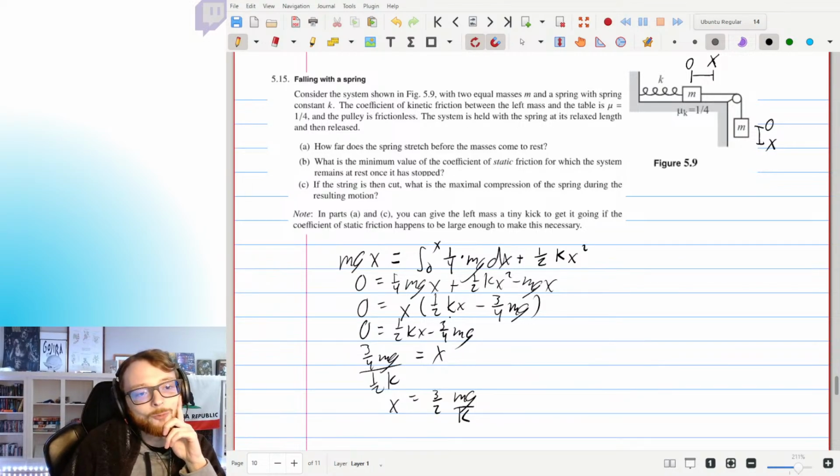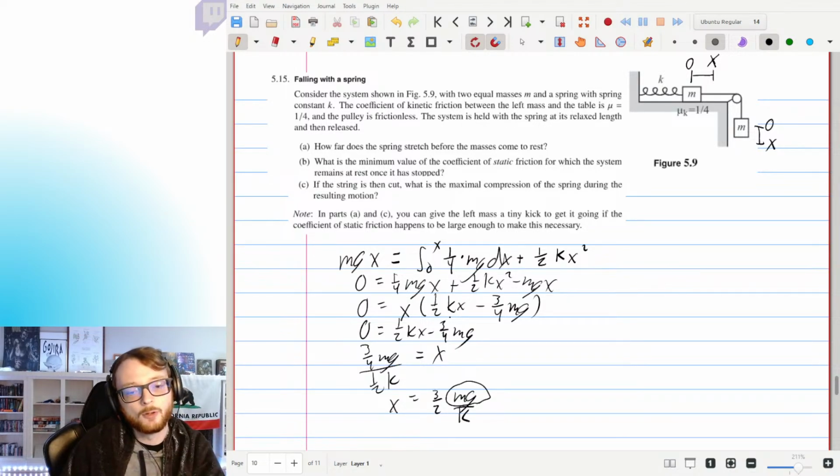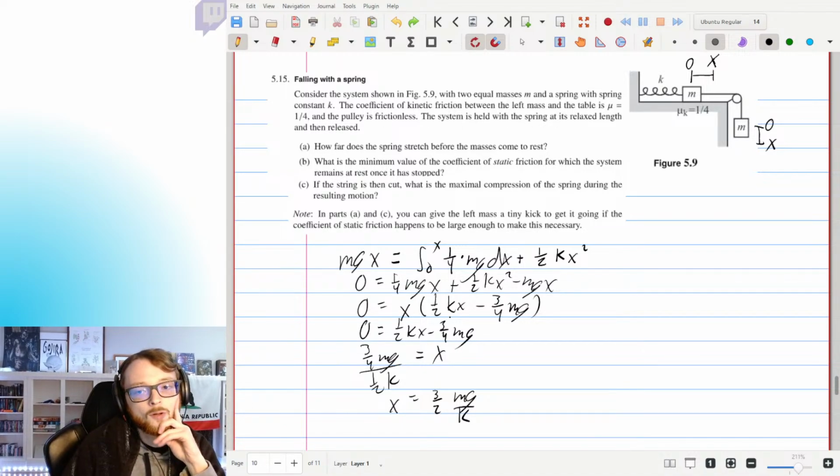Do I have any intuition for whether this makes sense or not? It makes sense that x should be bigger the more mg is, or the greater the mass is, because the gravitational potential energy from that mass matters more than the work done by friction for that mass because the coefficient is a quarter.